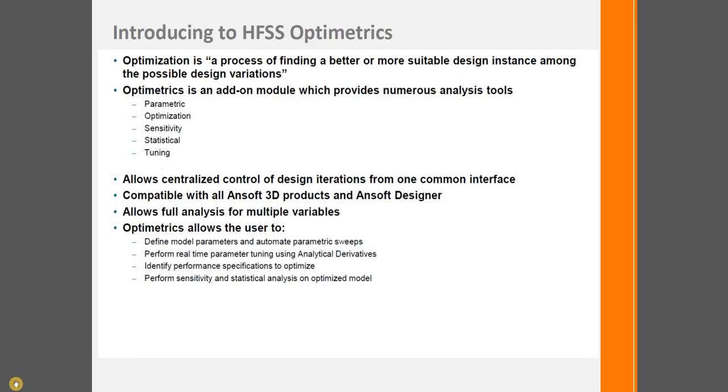This feature allows us to define model parameters and to have an automated parametric sweep or perform real-time parametric tuning by using analytical derivatives, or we can identify the performance specification to optimize. You can choose a cost function and the goal function and whatever you want in the optimization process. Or you can also perform a sensitivity and a statistical analysis on the optimized model.